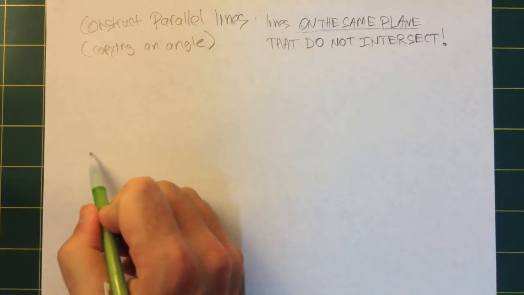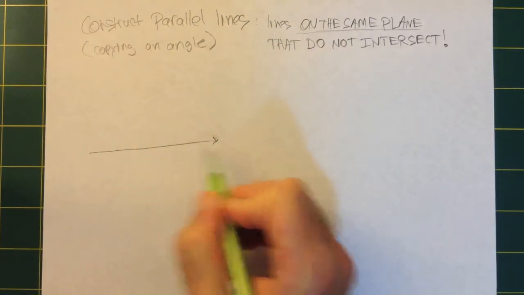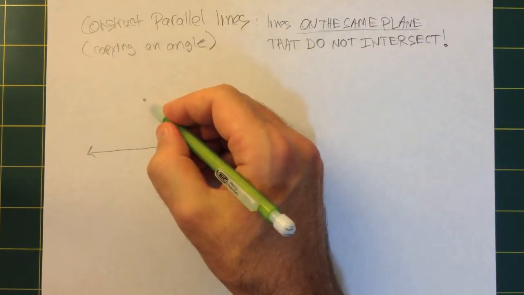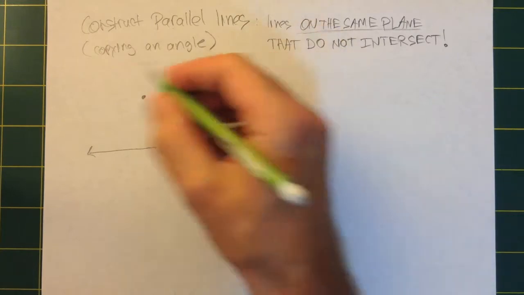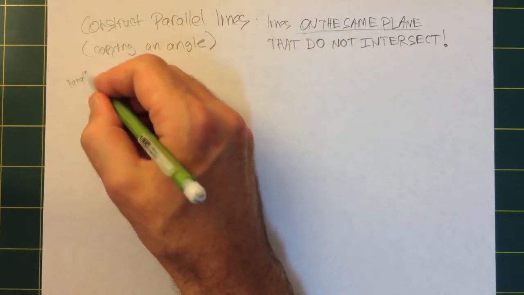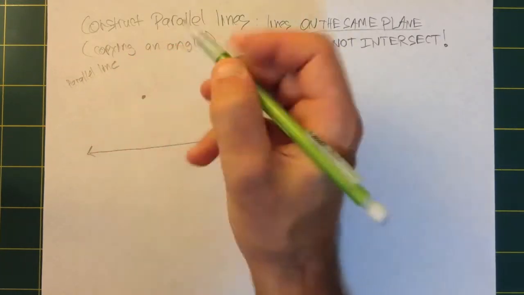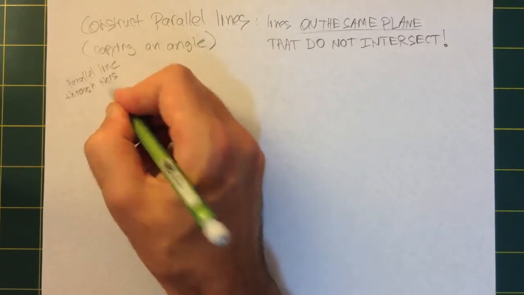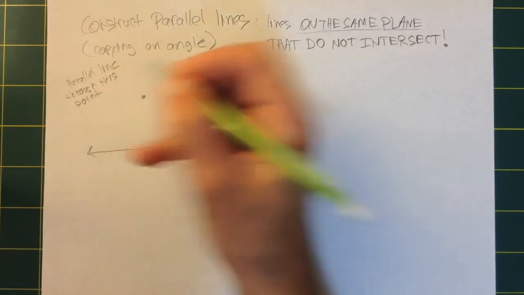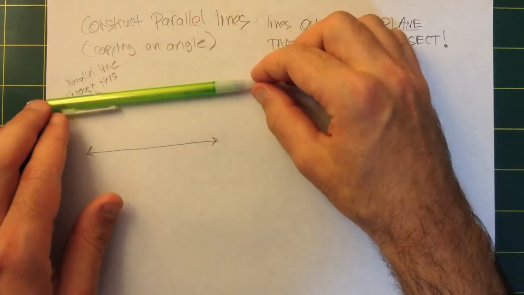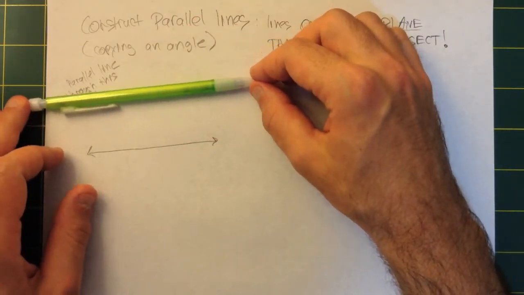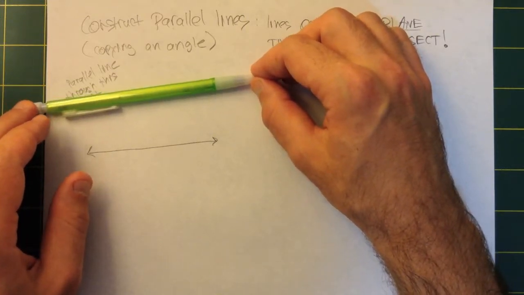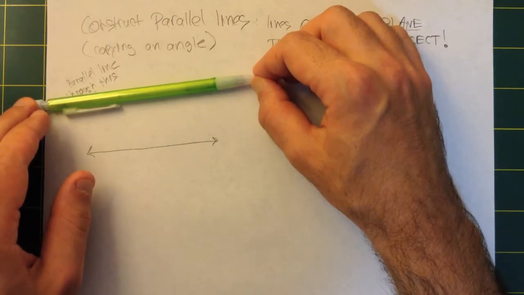So let's say you had a line and you wanted to construct a parallel line that goes through this point. So there's another line that passes through that point and is parallel to this first one, but I want to figure out exactly where it is. Is it here? Is it there? Is it this? Like, where exactly is it?